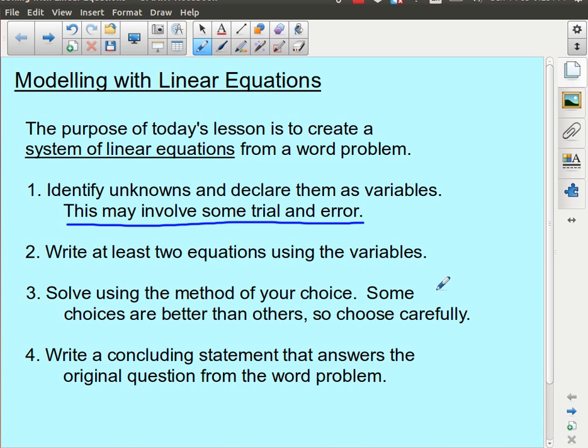Sometimes solving by graphing can work wonderfully, but most of the time you're going to be looking at solving by substitution or by elimination. And then finally, make sure that you write a concluding statement that answers the original question. That means going back and rereading the original question, making sure that you actually know what's being asked from the word problem. So, without any more preamble, let's go on to our first example.